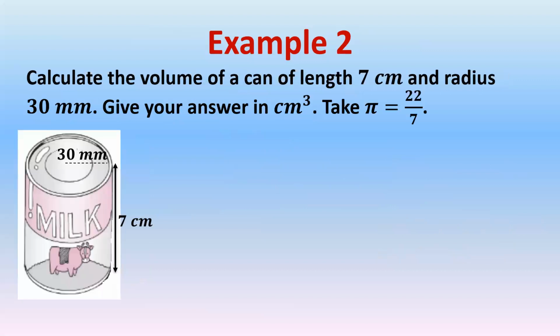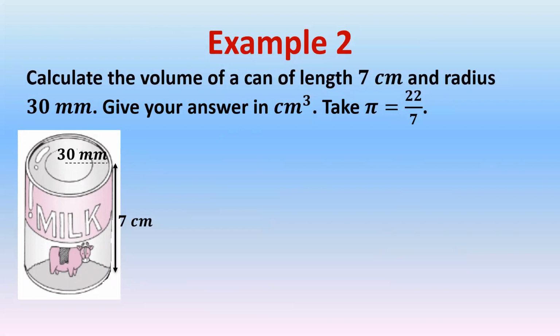Example 2. Calculate the volume of a can of length 7 centimeters and radius 30 millimeters. Give your answer in centimeter cube. Take pi to be 22/7. Since we need to give the answer in centimeter cube, we shall convert 30 millimeters into 3 centimeters.